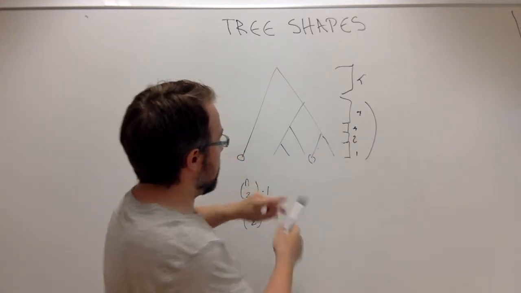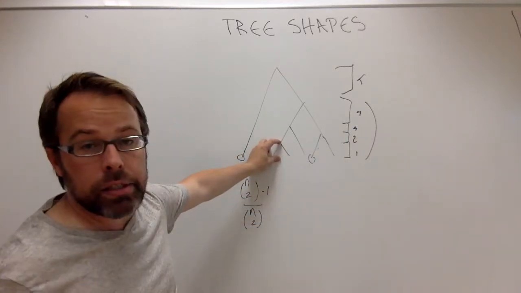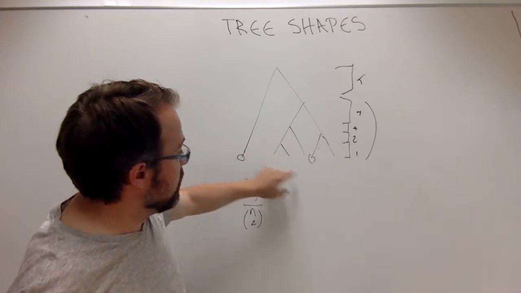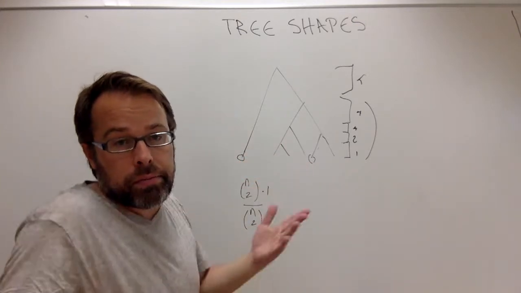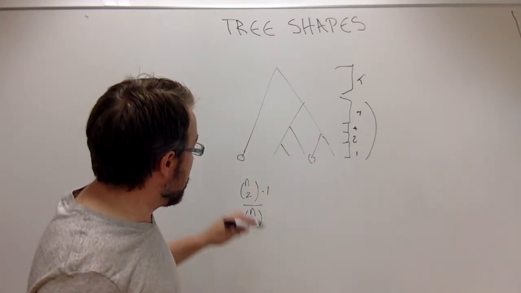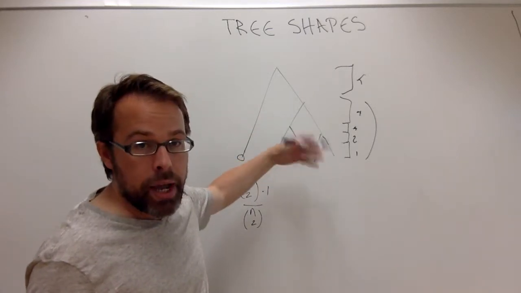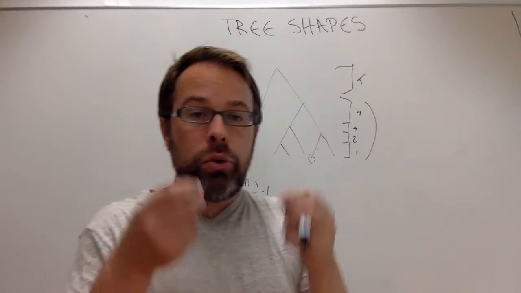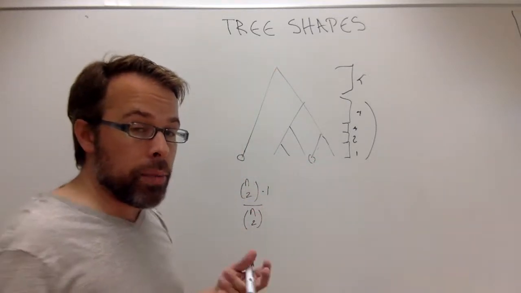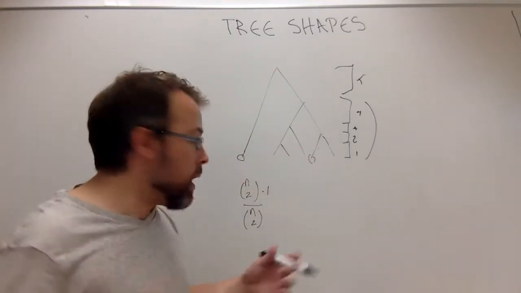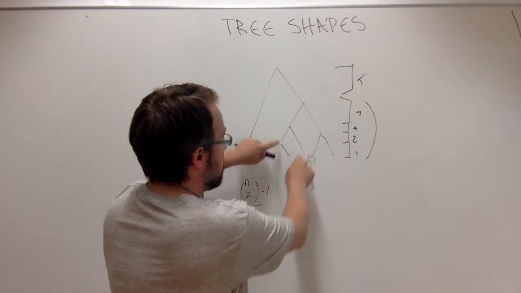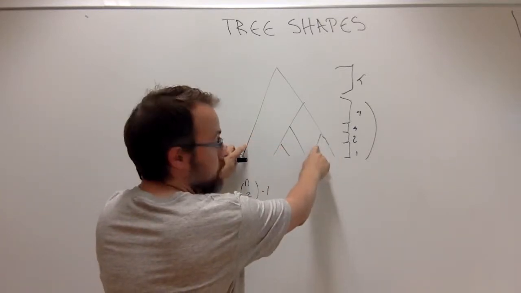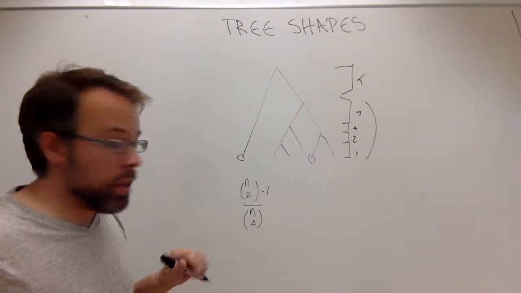So the first coalescence occurs, in this case, it includes neither of these two individuals. That's fine. So now in the next generation, we have n minus 1 lineages, and so we have n minus 1 choose 2 pairs that are possible, of which any of them is fine, except for this coalescing with this.